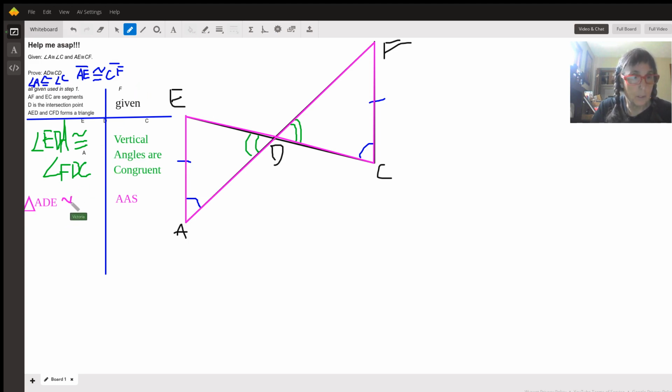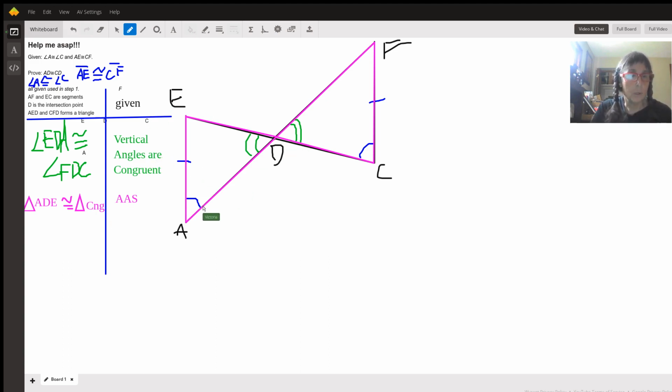So that's going to be congruent to, and then I need another triangle. Now we must go in the correct order. So here we started with A, which has one blue mark. So here we're going to start with C. Okay, then we went from A to D.